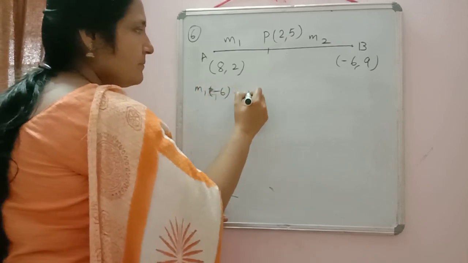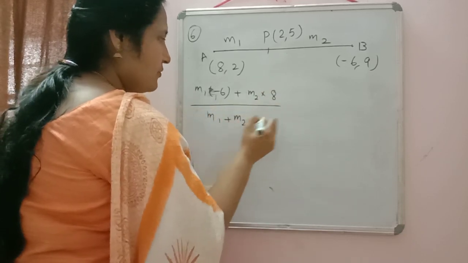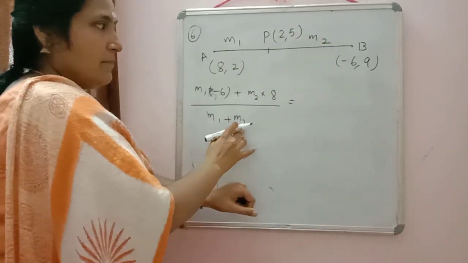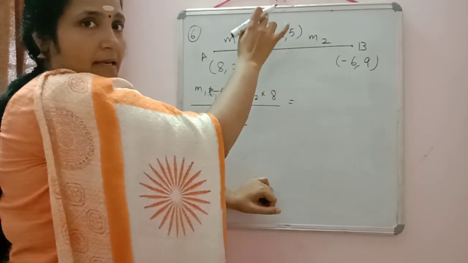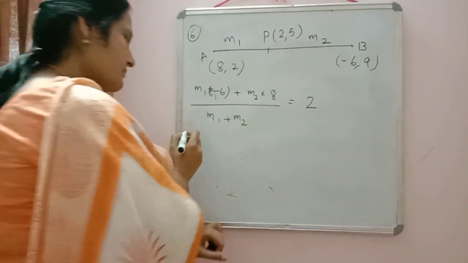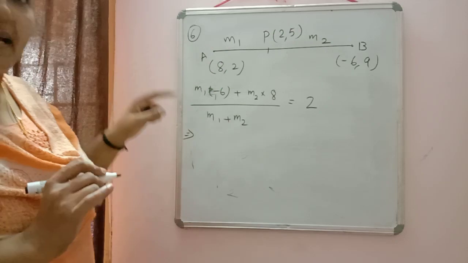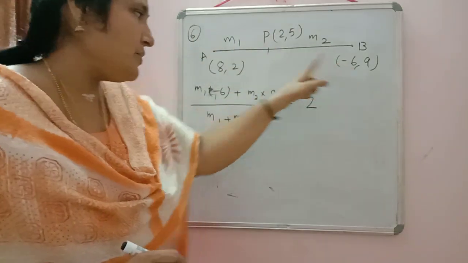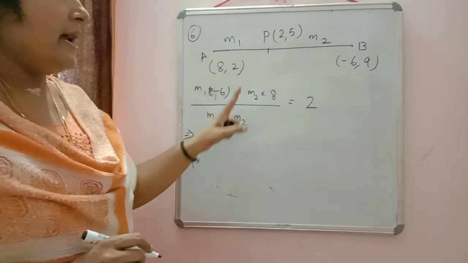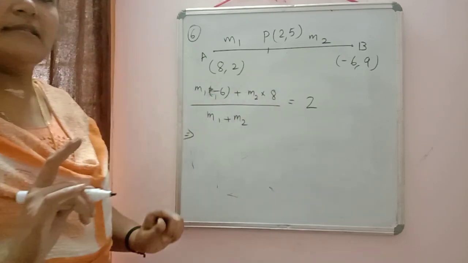This formula, (m1x2 plus m2x1) by (m1 plus m2), gives the x coordinate of the point P. The x coordinate of P is given as 2. So using the section formula, (m1 into -6 plus m2 into 8) by (m1 plus m2) is equal to 2.